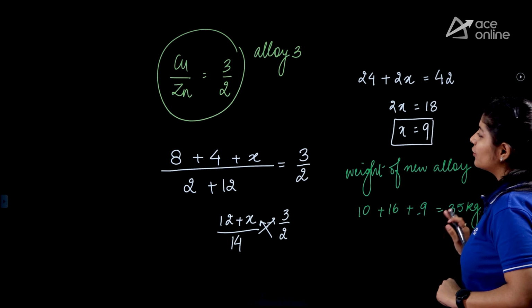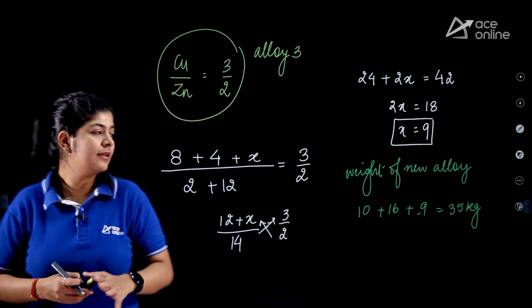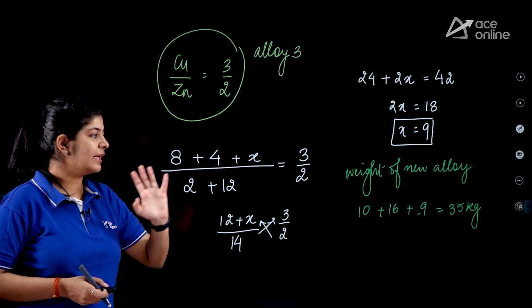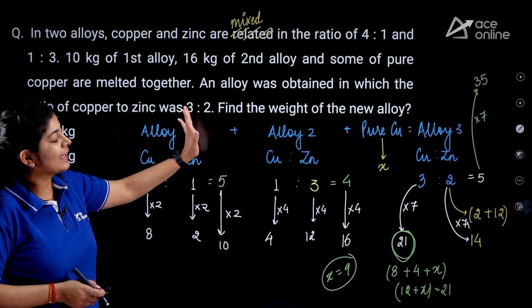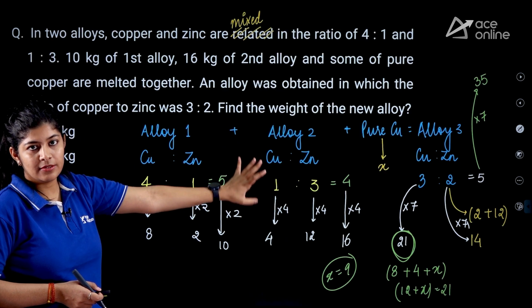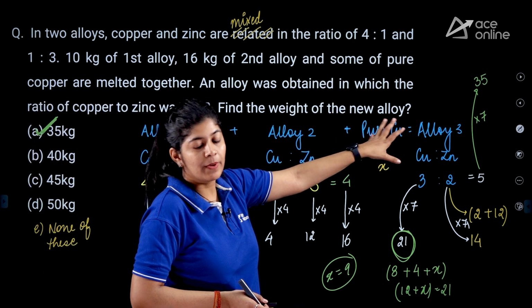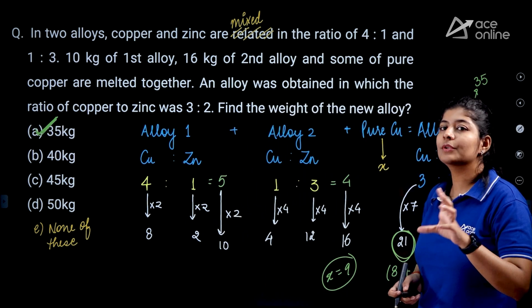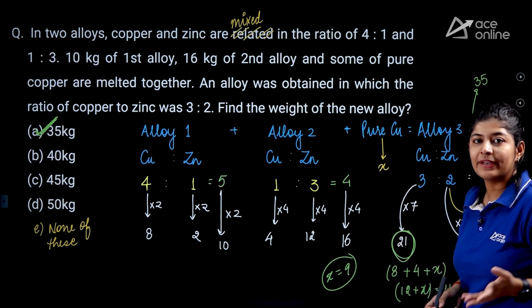So you can also do the same question, the same math concept, in this manner. If you are easily able to solve the problems in the ratio format, then you can do that. Here there's no need to find the amount of pure copper, but in the second method you have to find it first, and only after that are you able to get the weight of the final alloy.